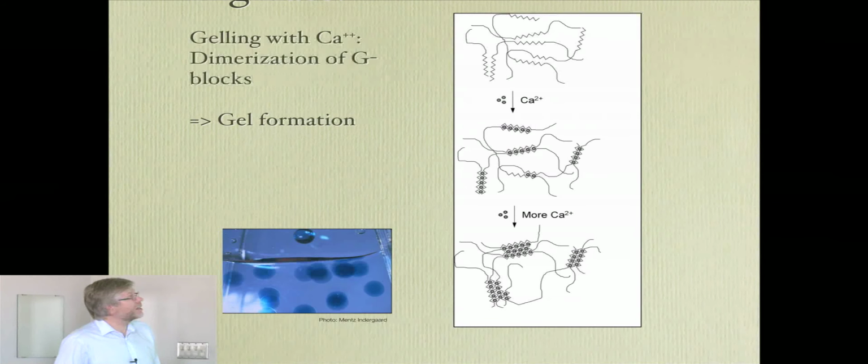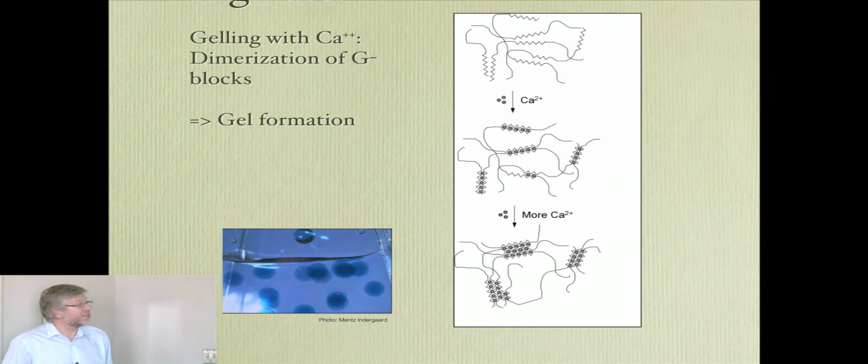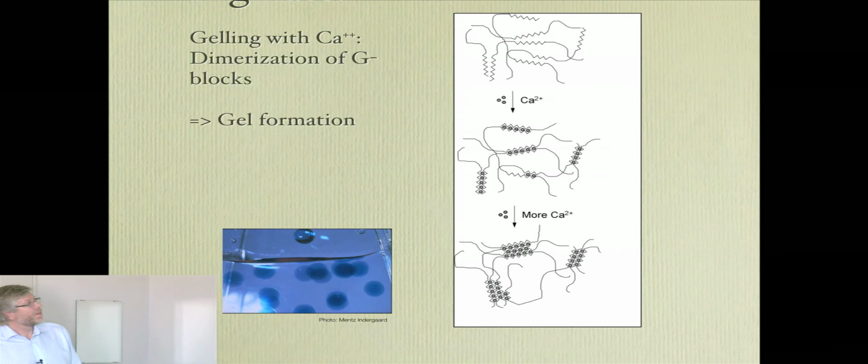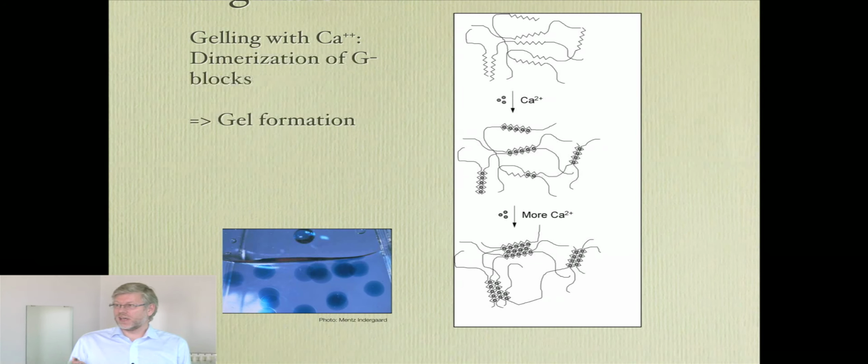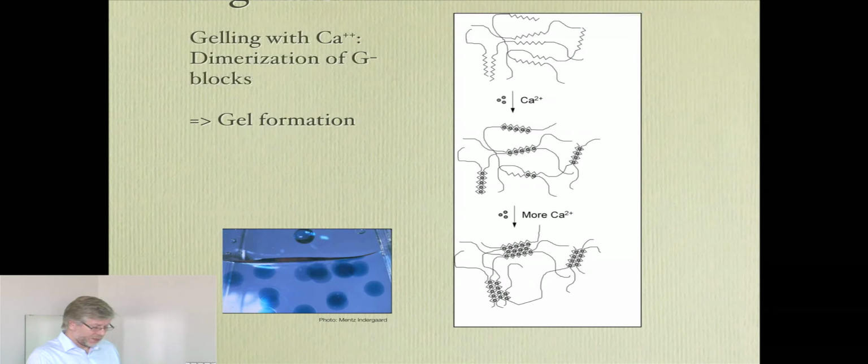So let's look a little bit more at the calcium binding. Because you know already when you add calcium to alginate containing G-blocks, the alginate forms a gel. That you can do by dripping alginate solution into calcium.